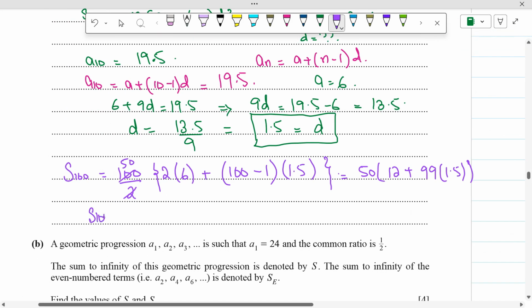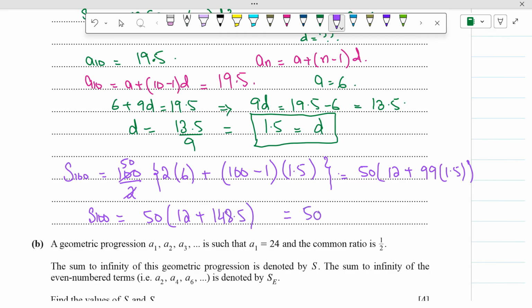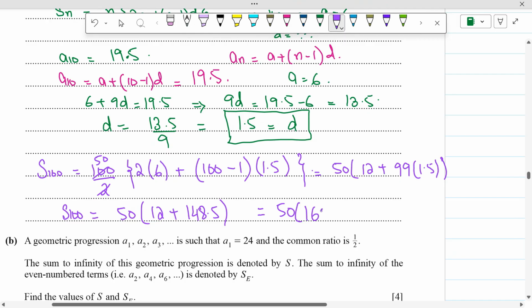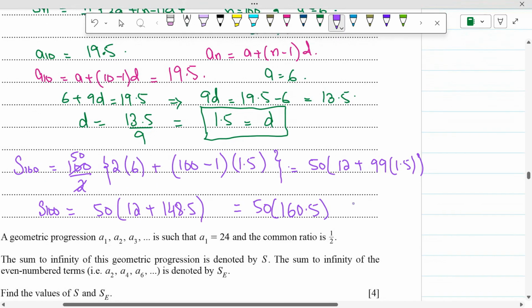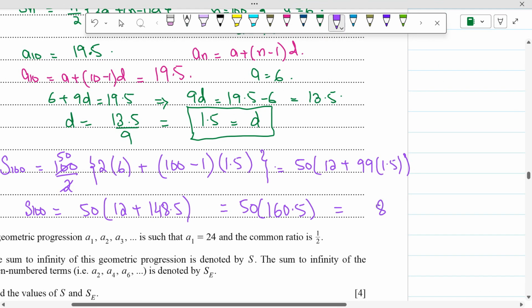So the sum to 100 terms is equal to 50 times (12 plus 148.5), so 50 times 160.5, which is equal to 8025, which is the sum to the 100 terms.